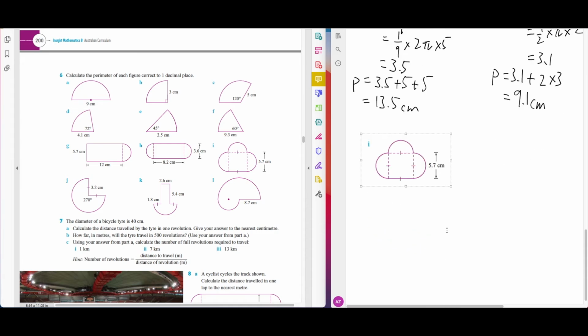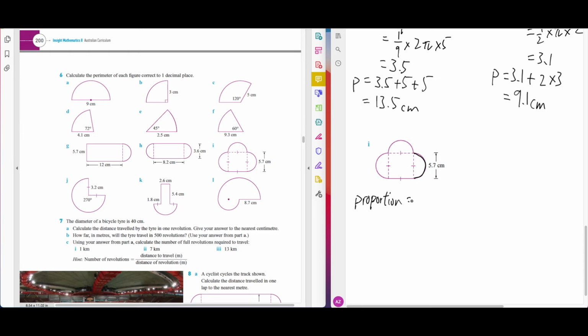So now to do this question, we have to actually work out 3 arcs. Okay. So what we can do is this. We can just find out one arc first and then times it by 3. Okay. So how do we find this? So we know that the proportion is what? Now this is going to be half a circle, right?